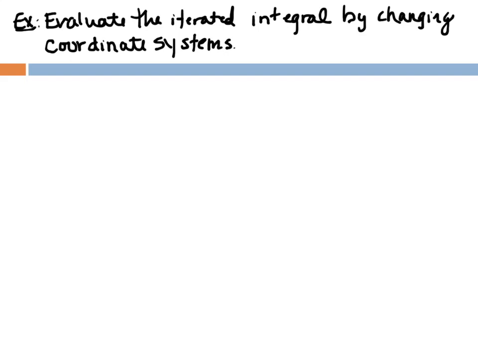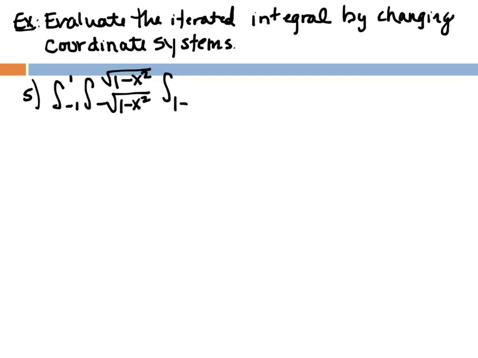Just like we talked about last time, the integral that we are given goes from -1 to 1 from negative square root of 1 minus x squared to positive square root of 1 minus x squared. And then this next one looks a little bit funny, but it goes from 1 minus the square root of 1 minus x squared minus y squared up to 1 plus the square root of 1 minus x squared minus y squared.